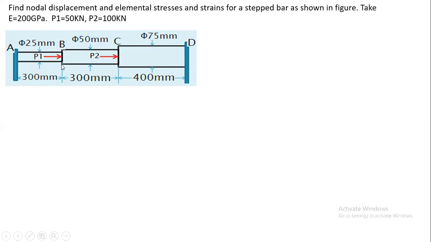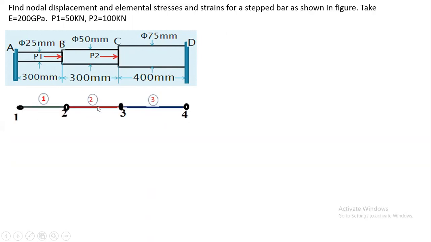Now from B to C, we have to use a second element, because from B to C there is a uniform cross section, and at B and at C there is a sudden change in the cross section, as well as loads applied at B and C. So one element is required for the part from B to C. The next element, the third element, is required from C to D. That means we discretize this stepped bar using three elements.